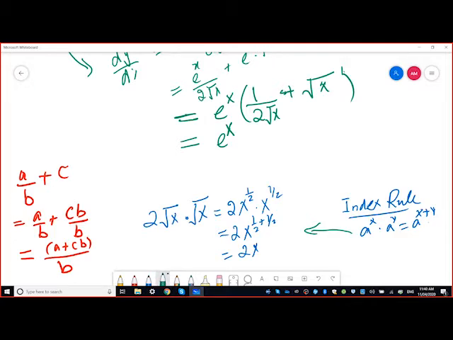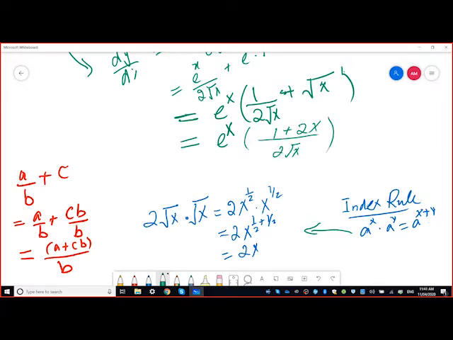So can you help me now to write what is here in the bracket in terms of x? So now it's 1 plus 2x over 2 square root x. Good. It becomes 1 plus 2x over 2 under root of x.